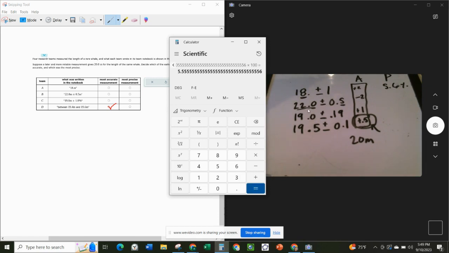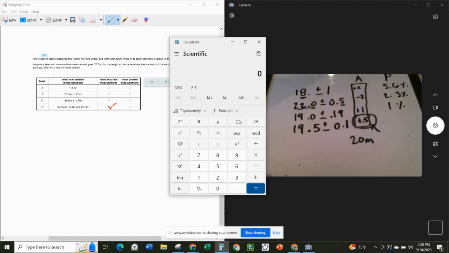Okay, the next one, we're going to do 0.5 divided by 22 times 100. That gives us about 3% error. The next one is already given to us as a 1% error.